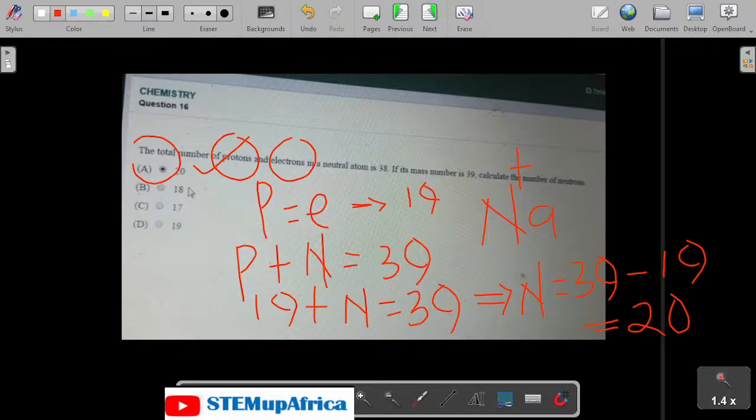That is how to deal with a situation like this. Protons and electrons are the same for a neutral atom.